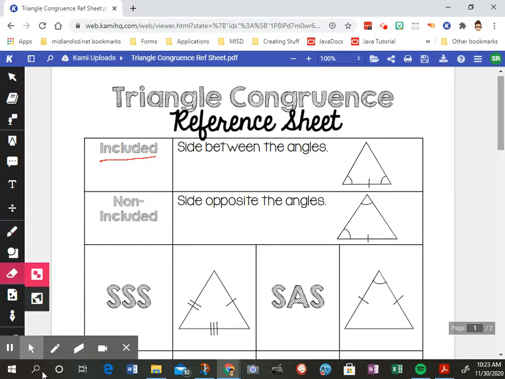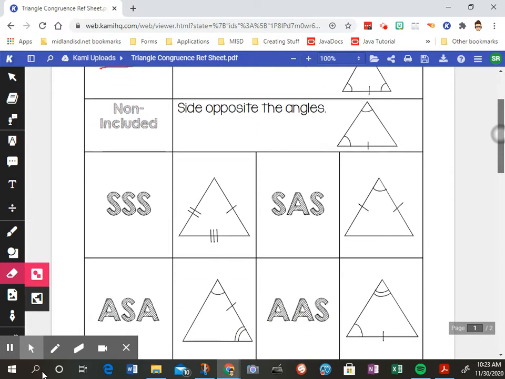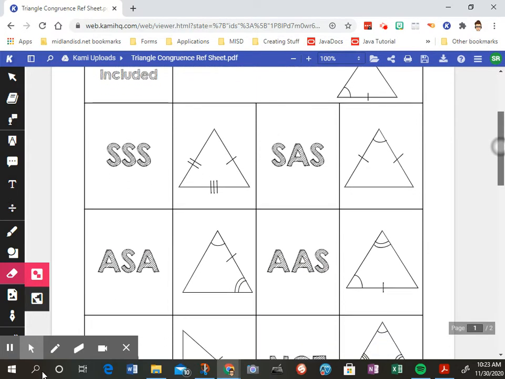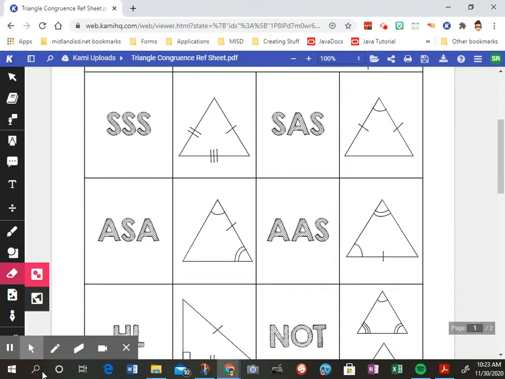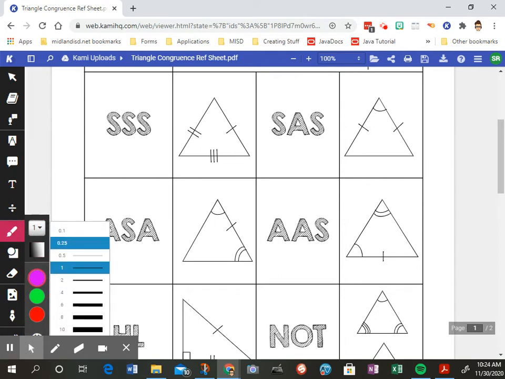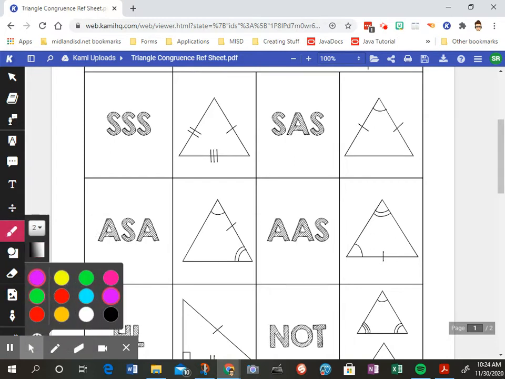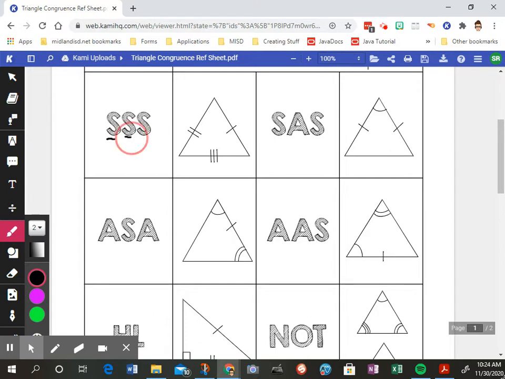So let's look at some of these postulates and theorems. We have a lot of them. A lot of S's and a lot of A's. The first one we're going to talk about is side, side, side.